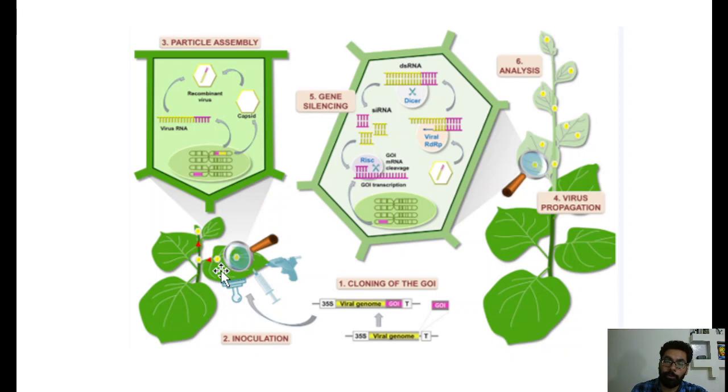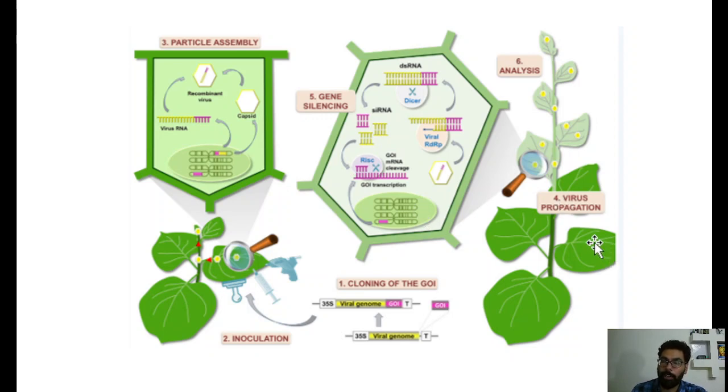If the agro-inoculation is completed, then the virus will start producing its RNA. This RNA will generate different types of double-stranded RNA, which will be recognized by the Dicer protein, different siRNAs will be formed, and gene silencing will be happening.